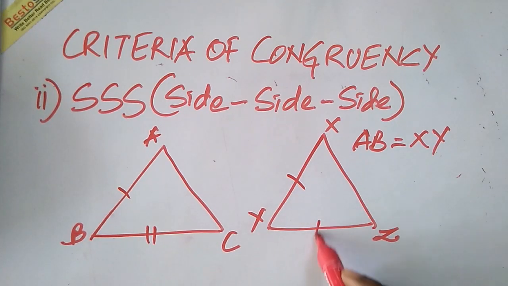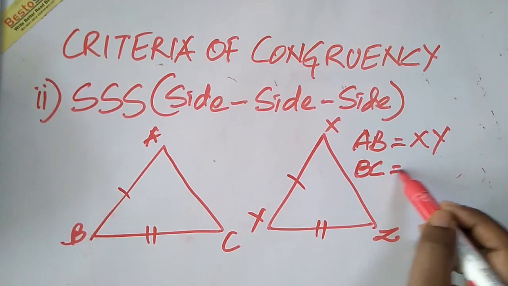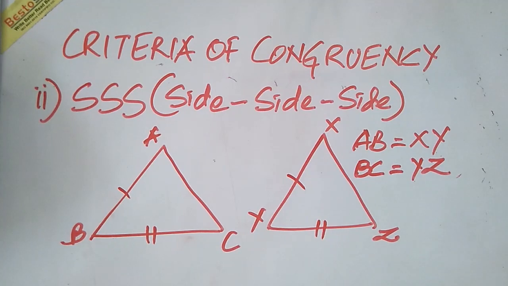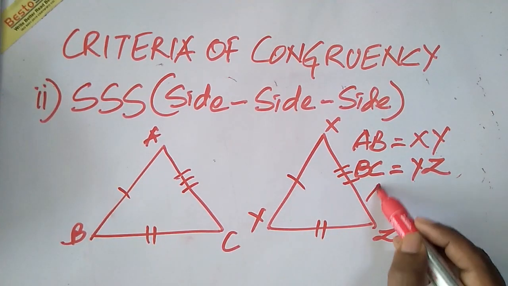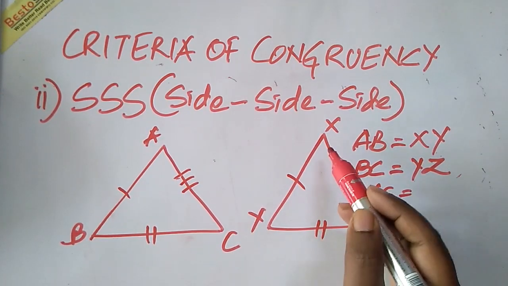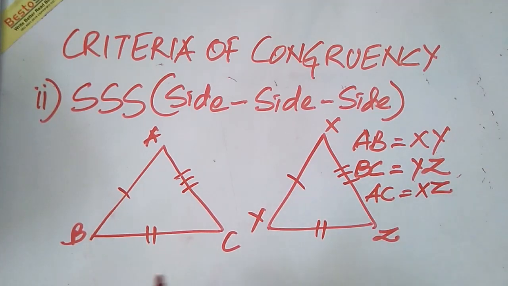Then side BC is equal to side YZ, right? Now these two are also corresponding sides, and side AC is equal to side XZ. Remember that these should be corresponding sides. Now here you notice that side AB and XY are corresponding, they are same.